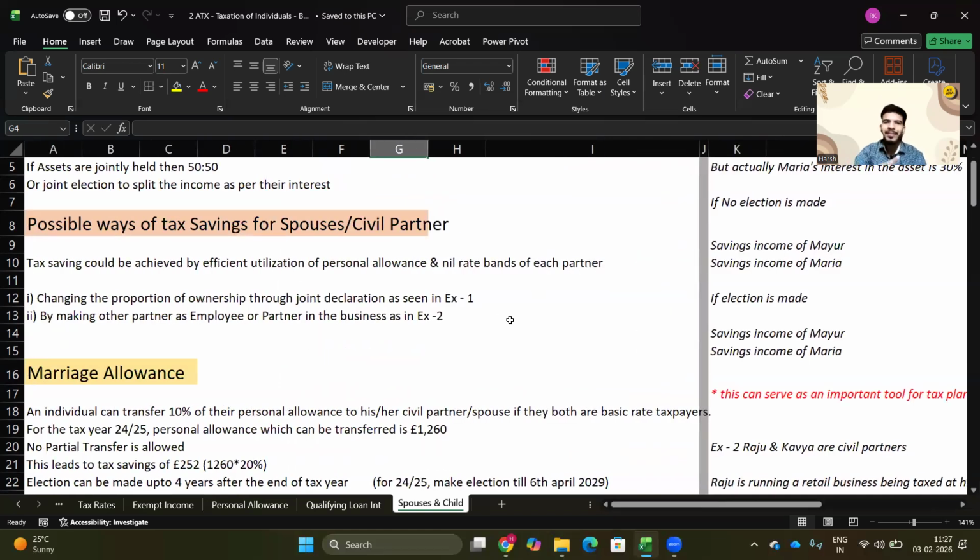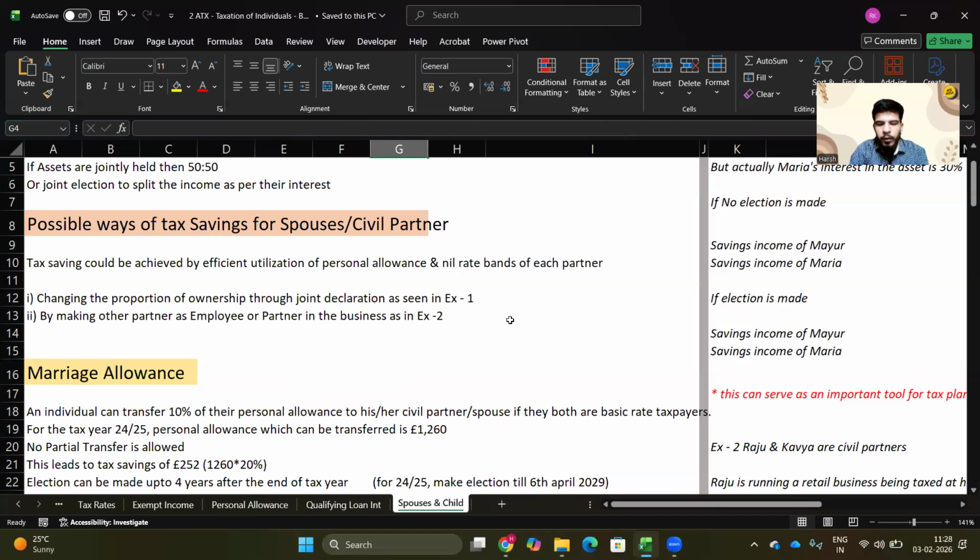Next, you can make the other partner an employee or partner in the business. Let's say I have a spouse who is a housewife. She does not have any income, and my business is profitable.